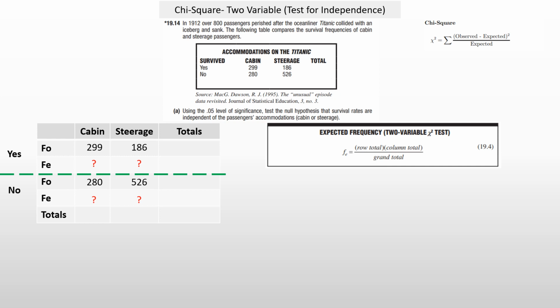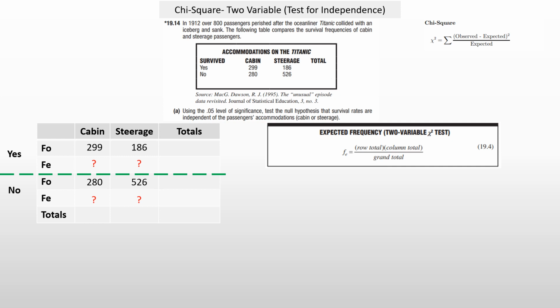FE is the row total times the column total divided by the grand total, or overall total, right? In the one variable test, you don't really need to make a table, but in this you do, because you need to calculate these values based on rows and columns. This formula is referring to your table. If you don't have one, you can't use that formula.